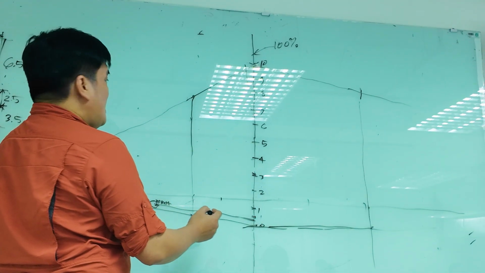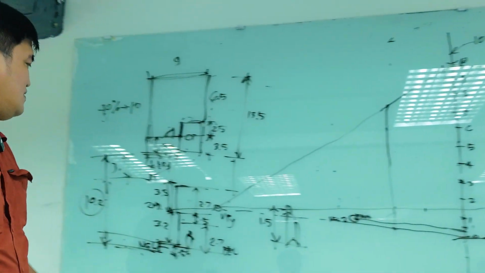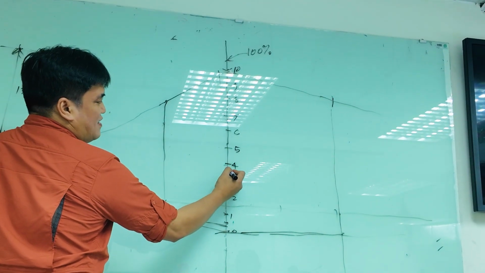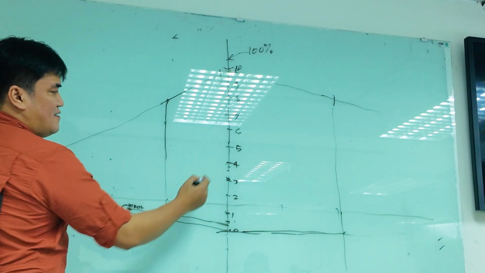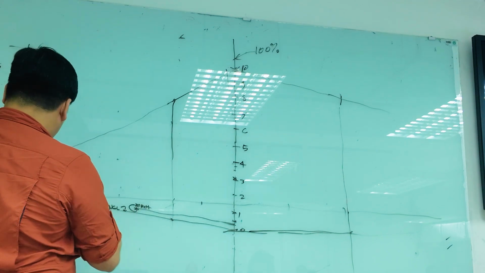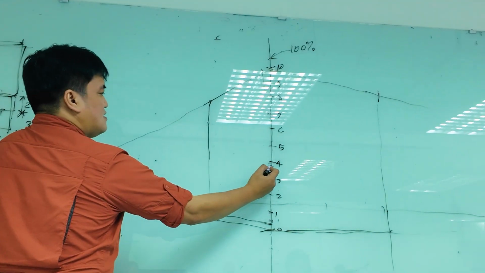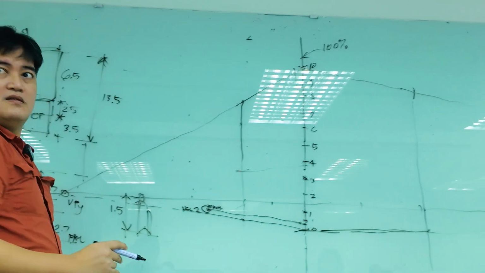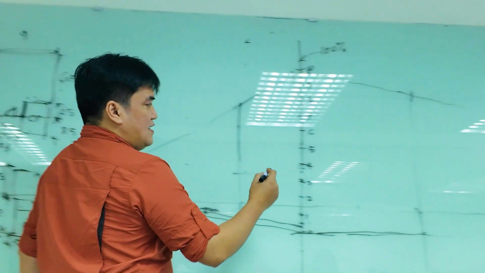And then what is the floor level? 3.7. 3.7 is somewhere here. 3.5 is here. 3.75 is there. Something to that. Again, you always have this trajectory that we need to create. What is this then?